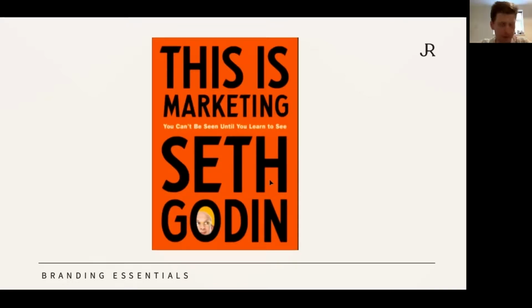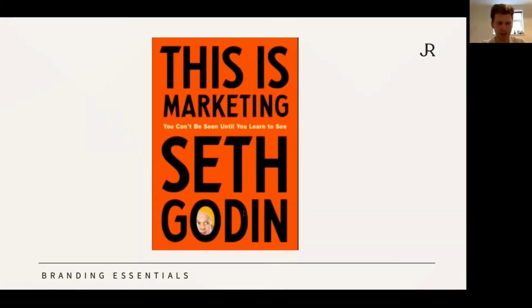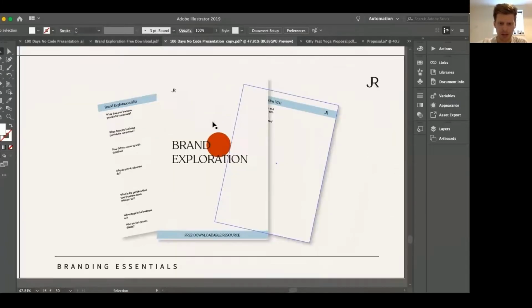And it also has some quite helpful ways of thinking when it comes to social media marketing and email marketing and other things. So these three books, Zag, Building a Story Brand, and This is Marketing, are the three that I'd recommend if you had to get those on your shelf. Do it.